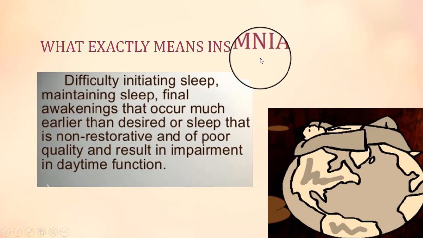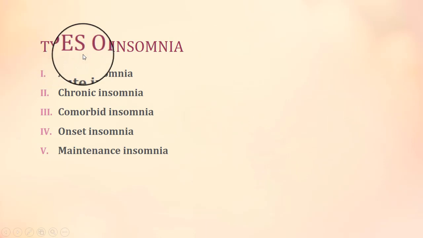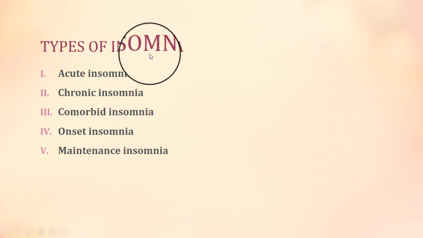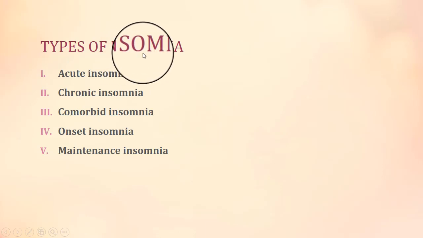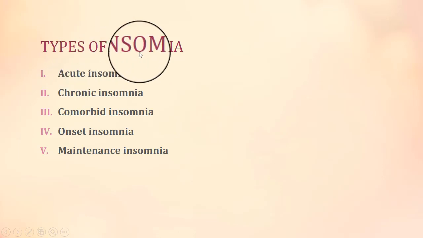Now next, we will discuss the various types of insomnia, how you can diagnose that you are suffering from a particular type of insomnia. So one by one we will discuss them.